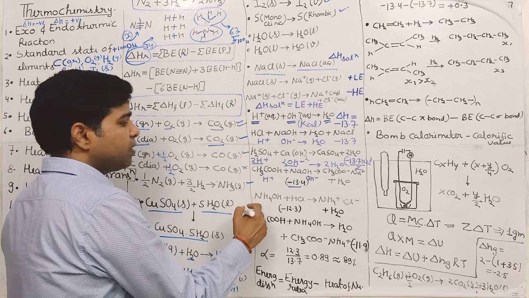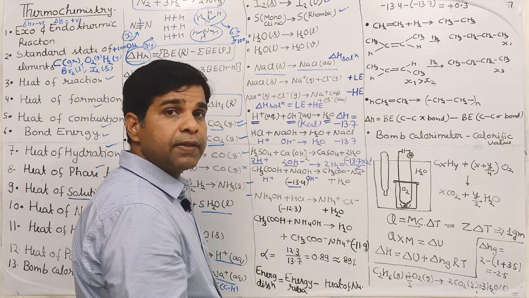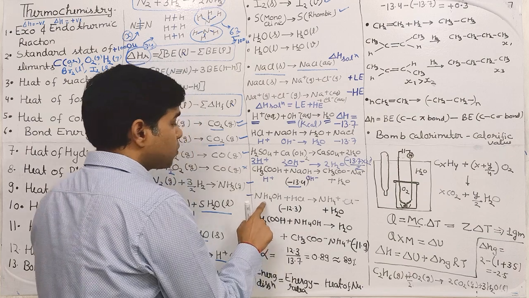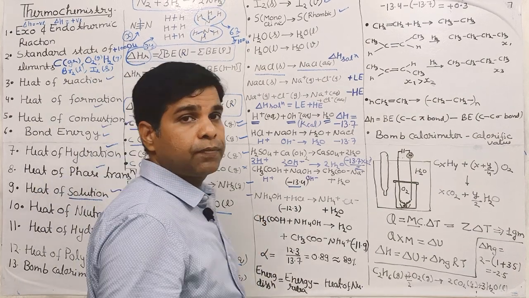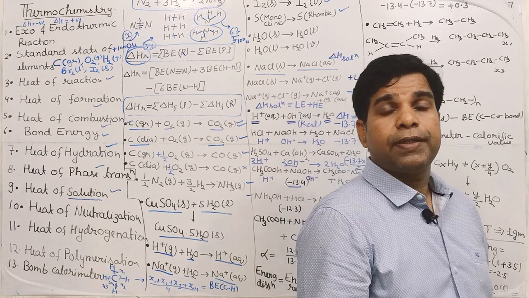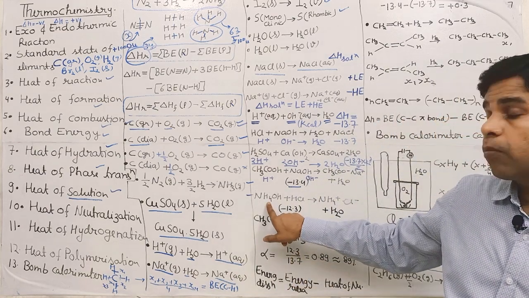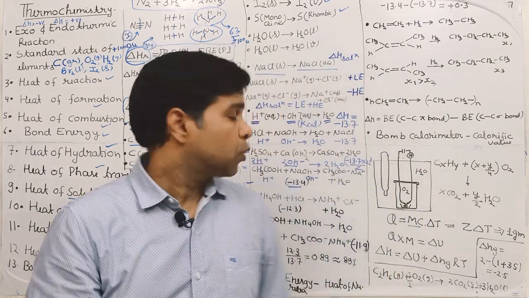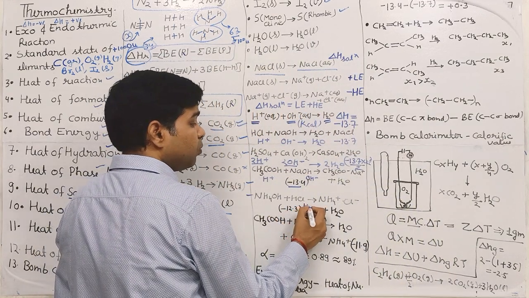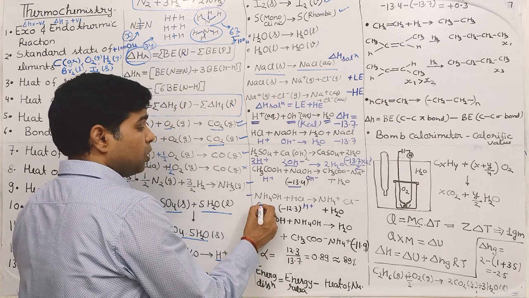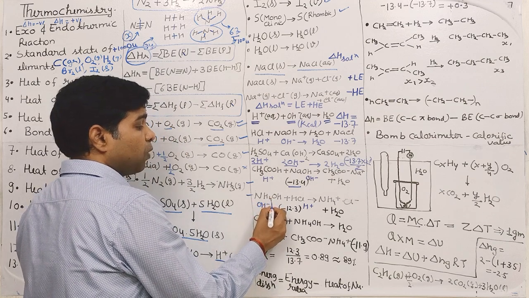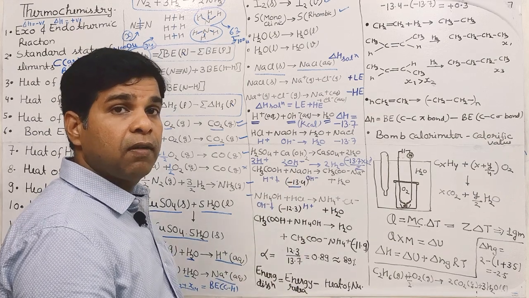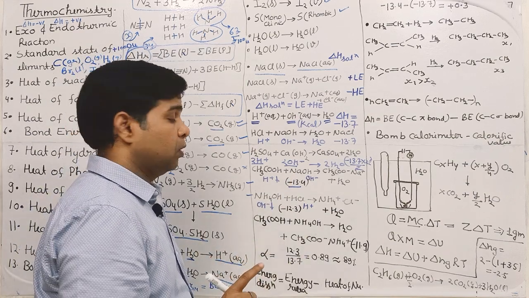Now in the next example, HCl is a strong acid. 1 mole of HCl provides 1 mole of H positive. But ammonium hydroxide, NH4OH, is a weak base. It cannot provide 1 mole of OH minus. So HCl provides 1 mole of H positive, but NH4OH provides less than 1 mole of OH minus.